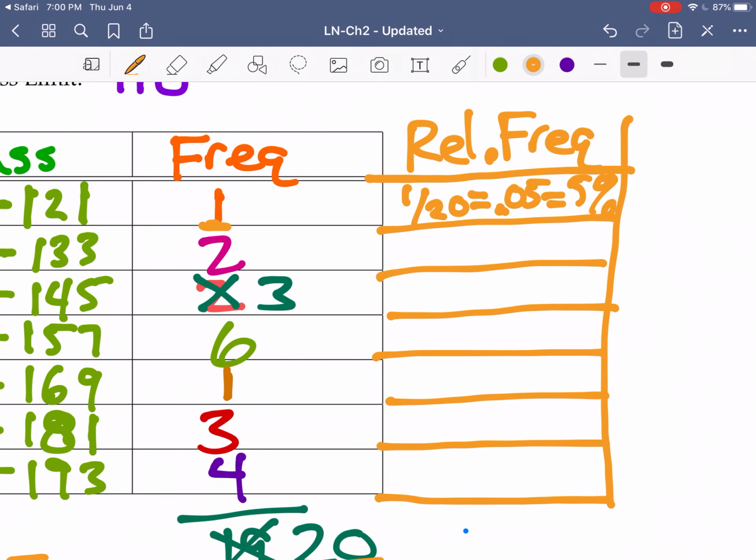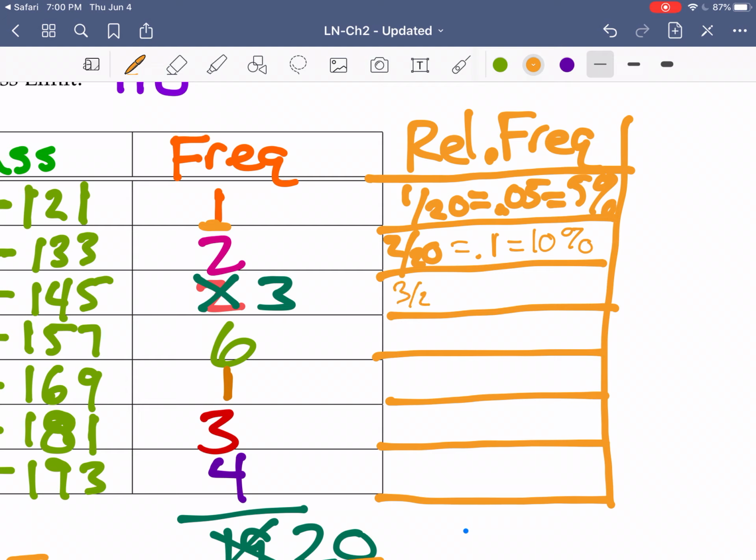So you might write this as a decimal or a fraction or a percent. The next one we would have 2 out of 20. So that 2 out of 20 is 0.05. Nope, sorry. It's 0.1 or 10%.